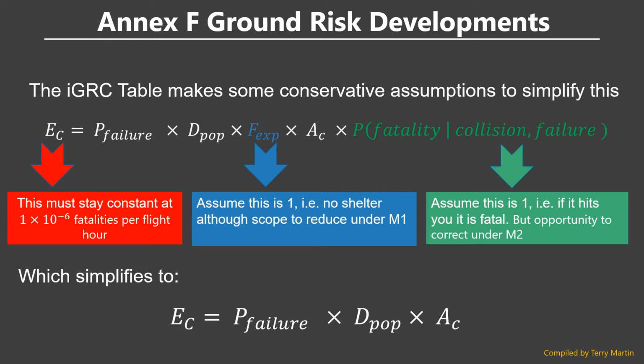At this point, it's worth re-emphasizing that on the right-hand side, the population and the critical area are the two dimensions of the IGRC table. Population is intuitive, but most people won't appreciate that wingspan and energy are really just proxies for critical area, because it's largely only been introduced to date in the development of Annex F.